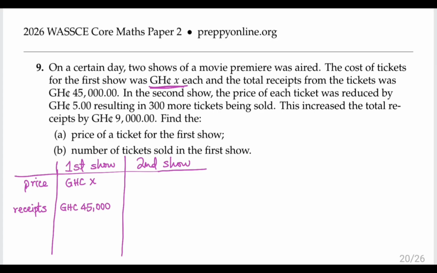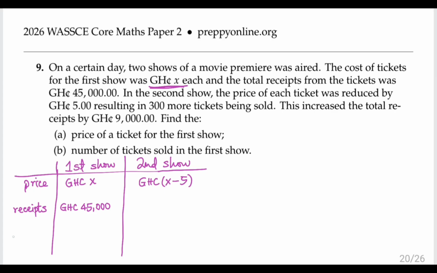And then in the second show, the price of each ticket was reduced by 5 cedis. So if in the first show it was X, then in the second show it's X minus 5. And then this resulted in 300 more tickets being sold.